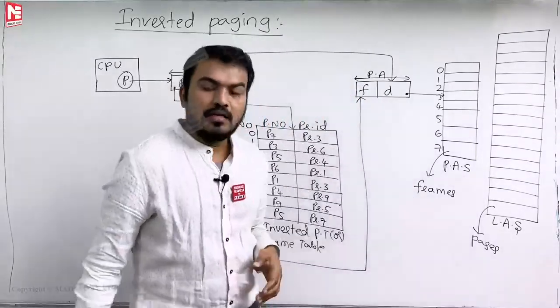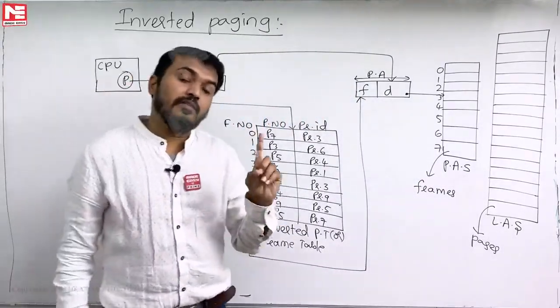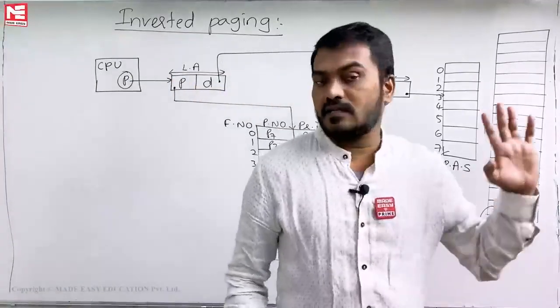Okay, understand here. So in the inverted paging, only one page table will be maintained for all the processes. Is that clear for everyone?